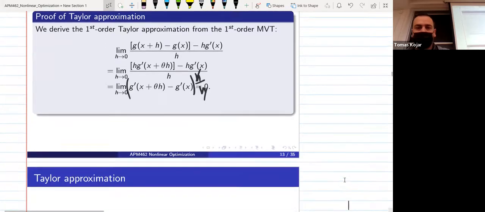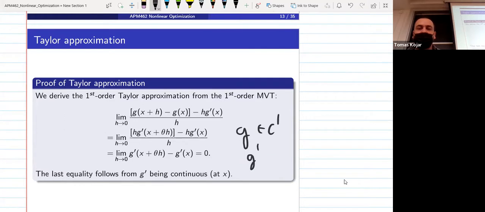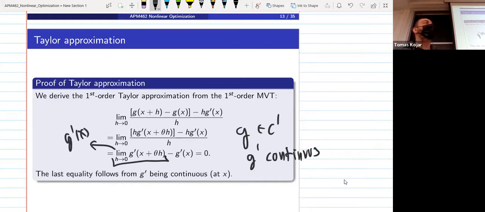So let's go to the last step. The very last important point is that we assume that g is C1. So g prime is continuous. And so this guy over here is equal to g prime of x. So they cancel out. Okay, so continuity, in case you don't remember, means exactly this, that you can swap limit and function. You can bring in the limit.